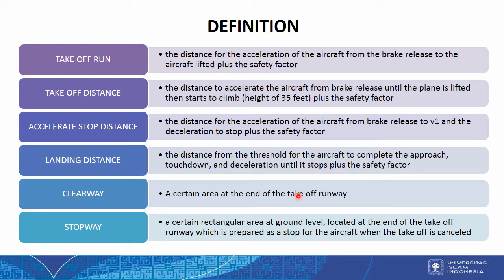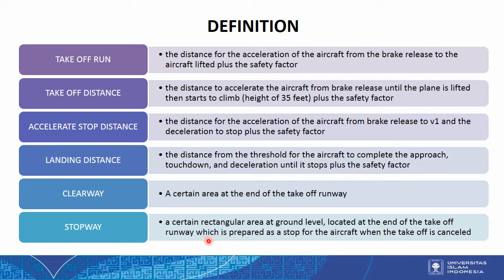And the last two definitions we already know. The first is the clearway, a certain area at the end of the takeoff runway, and the stopway is a certain rectangular area at ground level. It has to be at ground level and located at the end of the takeoff runway.